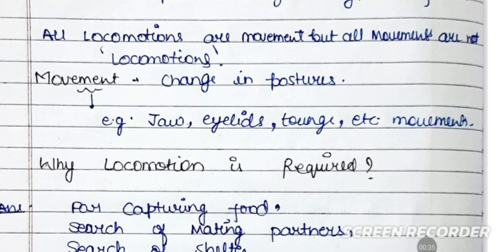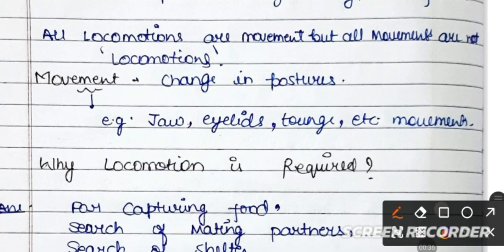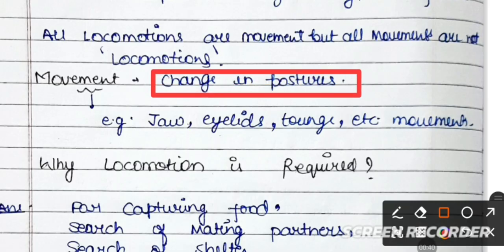What is movement? Movement is the change in posture, which may or may not result in a change in position. If there is a change in position, then it is said to be locomotion.